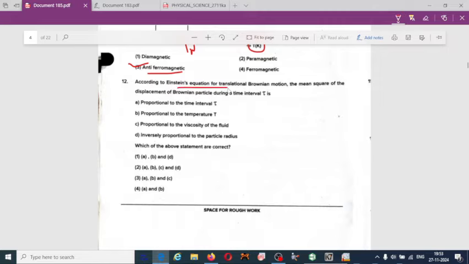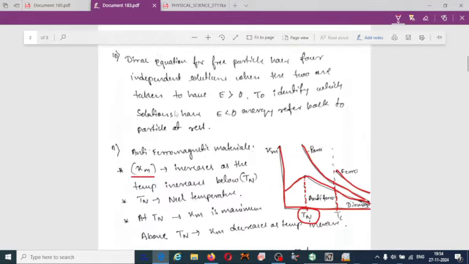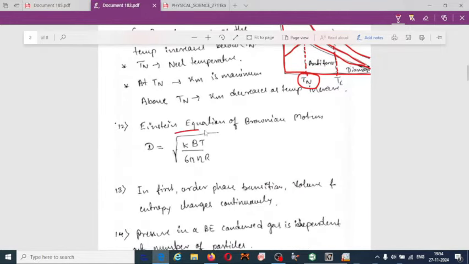According to Einstein equation for translational Brownian motion, the mean square of the displacement of Brownian particle during a time interval tau is actually given by this equation, D equal to kBT by 6 pi eta r.